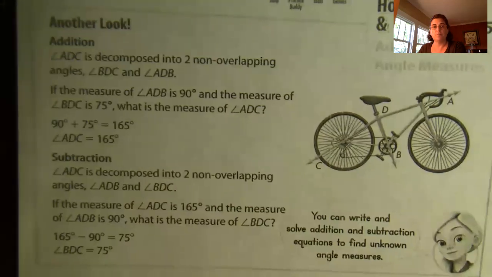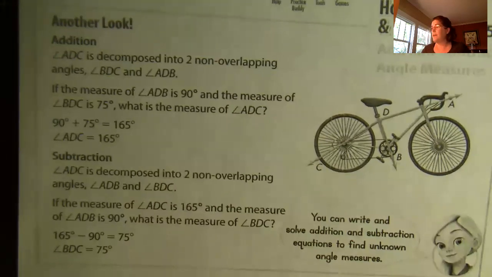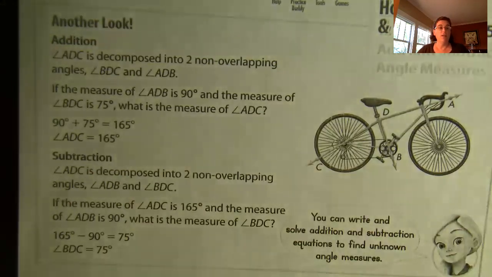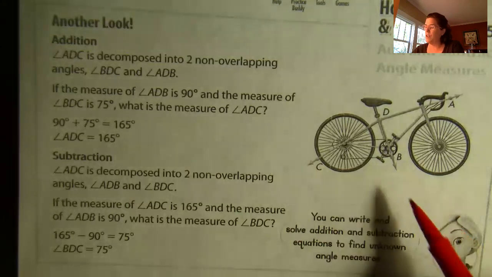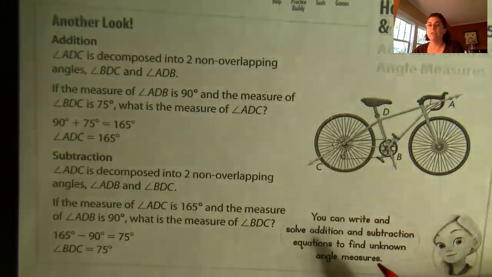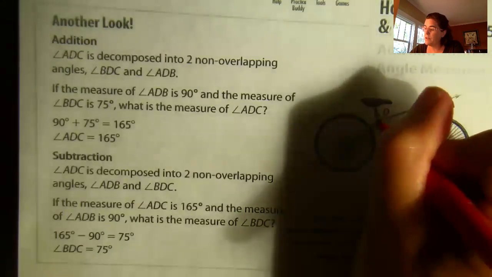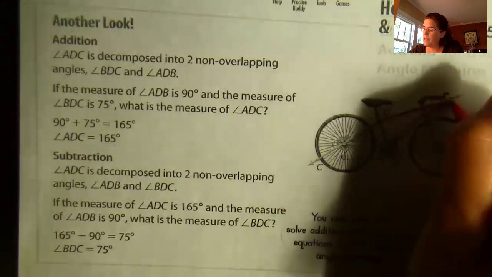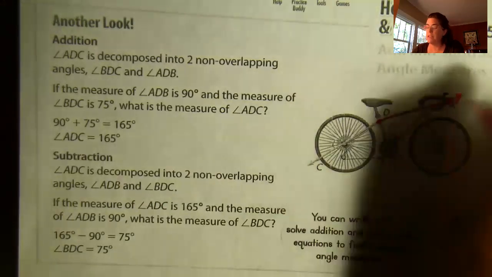All right, so at the very top, we see another example, and it shows us that ADC is decomposed, and remember kids, that just means broken apart into two non-overlapping angles, angle BDC and angle ADB. Now, it's a little hard on the photocopies to see all of the rays and the lines that make up these angles, so I'm going to go ahead and draw them with a red pen because it'll be a little bit easier to see.